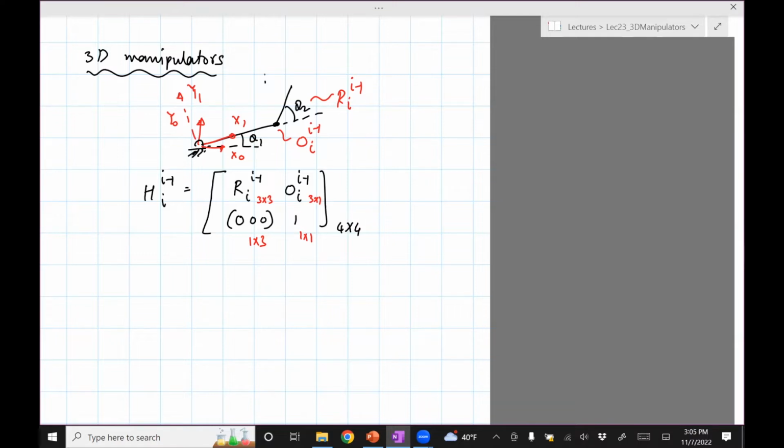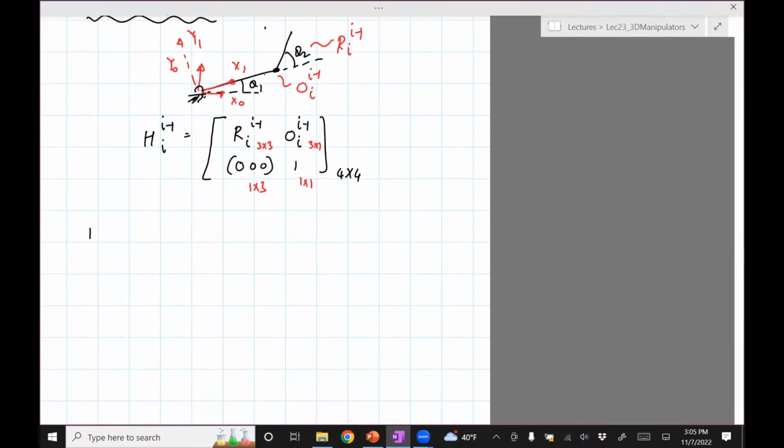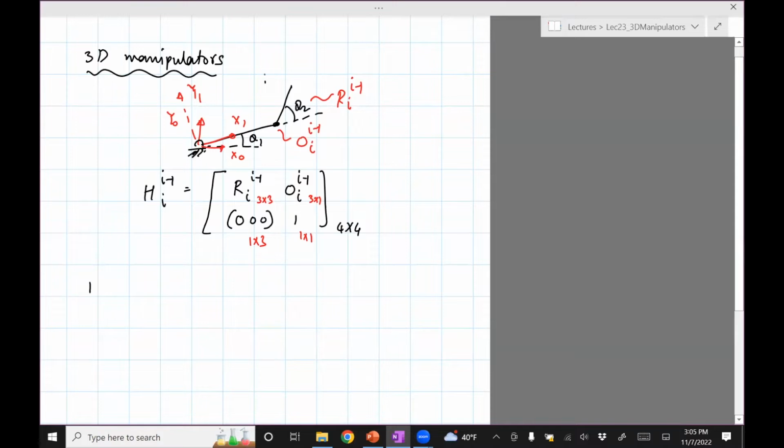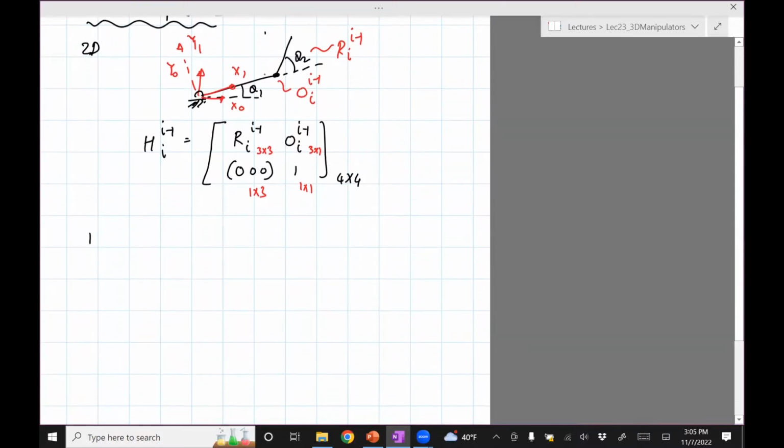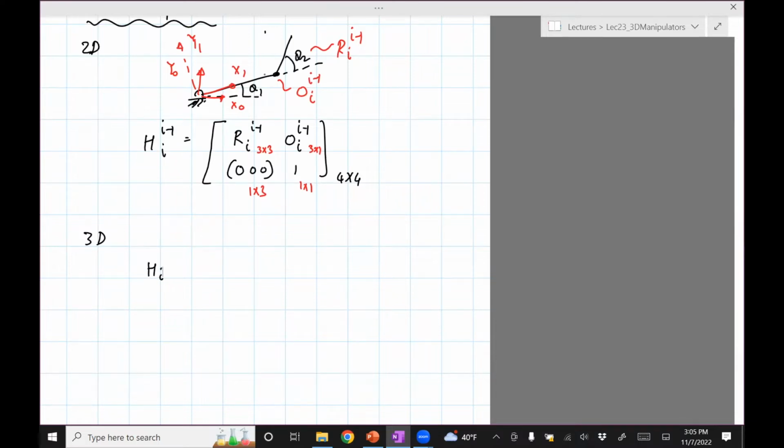We can write, so this is in 2D. In 3D, we'll have exactly the same expression, except that this would be, no, my bad.